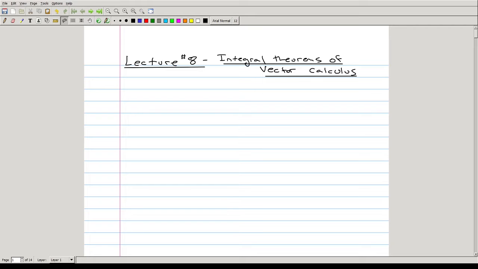Today's lecture will be extending what we talked about in the last lecture, which was Green's theorem in the plane, which itself was a sort of generalization in some sense of the fundamental theorem of calculus to vector fields in 2D. Today we'll be extending that in two different ways.